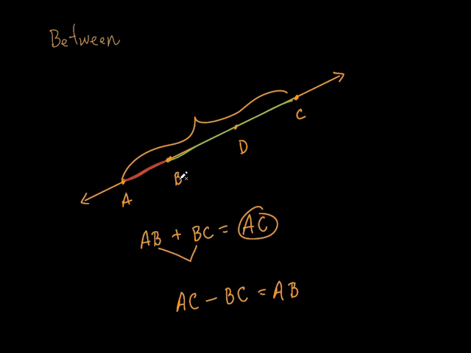We've already talked about B. B could be between A and C, but watch, I could also say that point B is between A and D. All right, so there's a whole bunch of things that are between. So that's basically the idea of between, and in the book they say betweenness. Did they put two N's in there? Yep, betweenness. Okay, it's just describing the nature of being between.